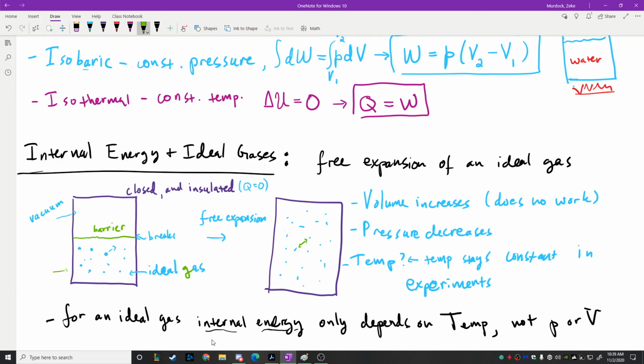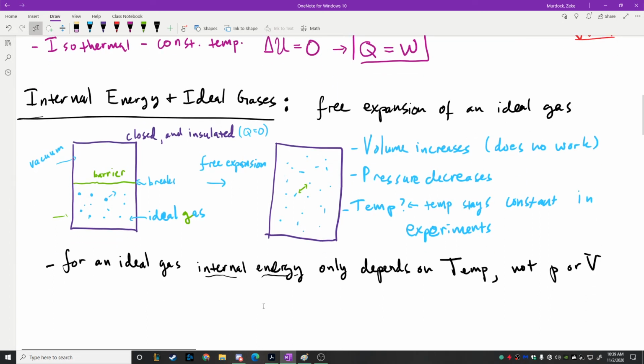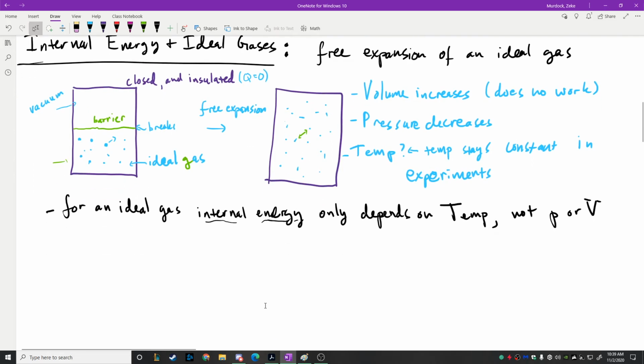Okay. So, now for a bunch of math. All right. So, now what we're going to do is talk about heat capacities for ideal gases. And we're going to need to use this idea here along with the other things that we've talked about to do this derivation.